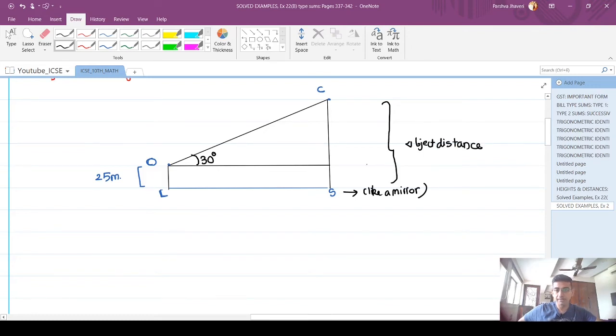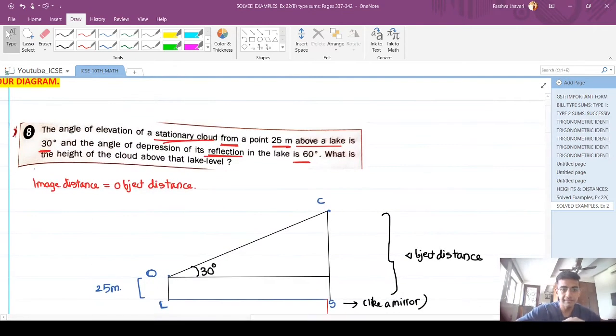And if the lake acts like a mirror, the cloud will form some image on the surface of the lake. So let's look at that image. It will be a straight line down here. They've said that the angle of depression of its reflection in the lake is 60 degrees.